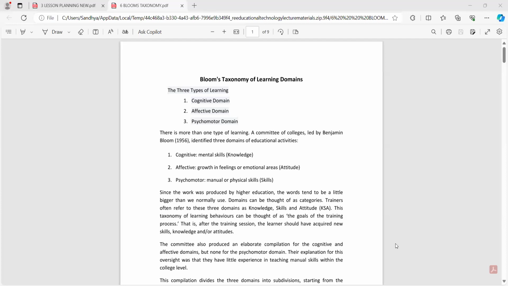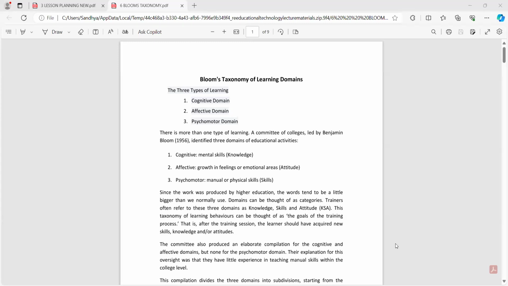The 3 are, you can read, 1, 2, 3: cognitive domain, affective domain, and psychomotor domain.